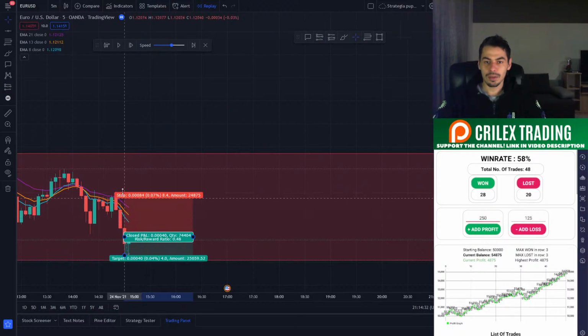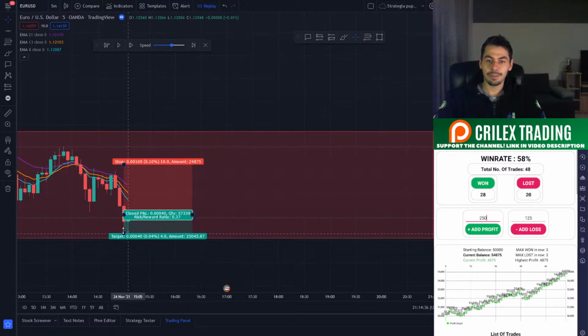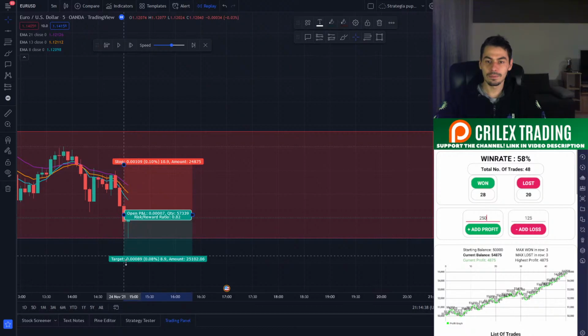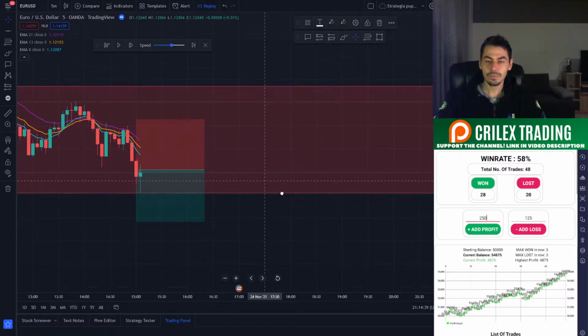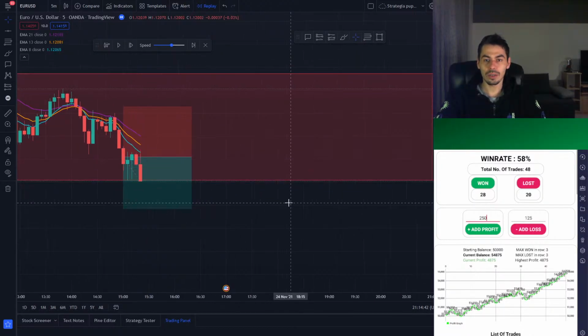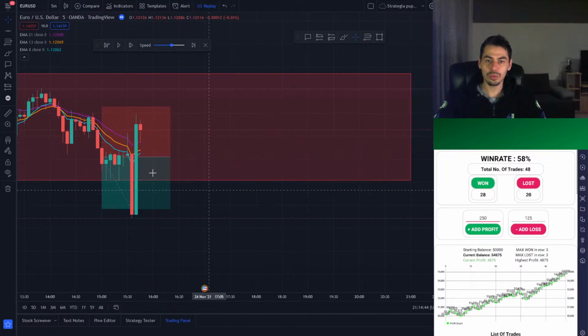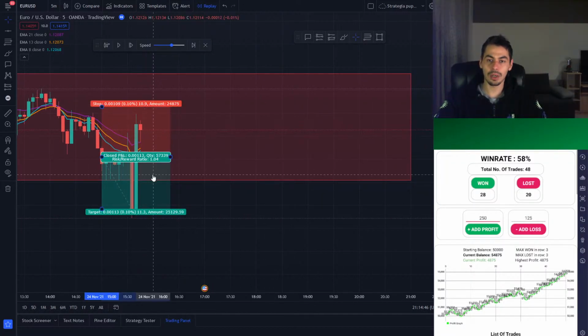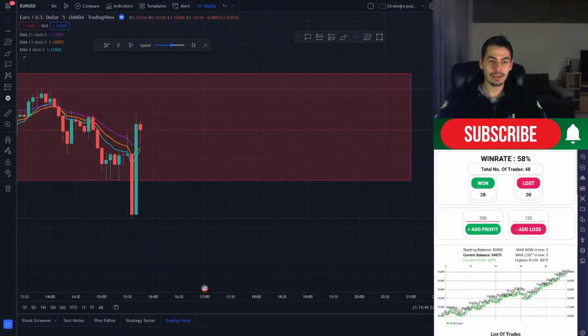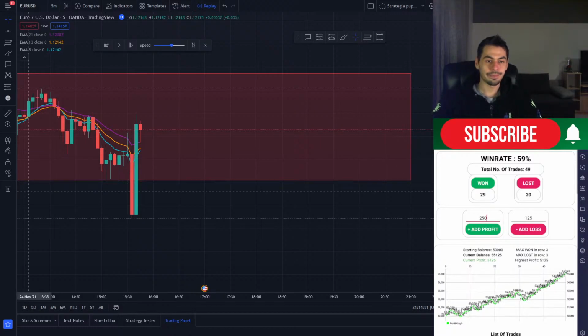The stop loss above this candle, which is at 11 pips, more or less. Let's see if we can get to 1 to 1. We get to 1 to 1 and right away we get stopped out at break even. So we will add this break even right here.